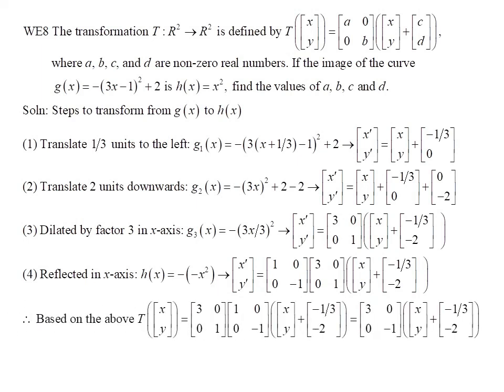Finally, we have the complete matrix equation of transformation, so we may compare it with the given matrix equation, and then apply the coefficient equating method. Hence, we find a equals 3, b equals -1, c equals -1/3, and d equals -2.